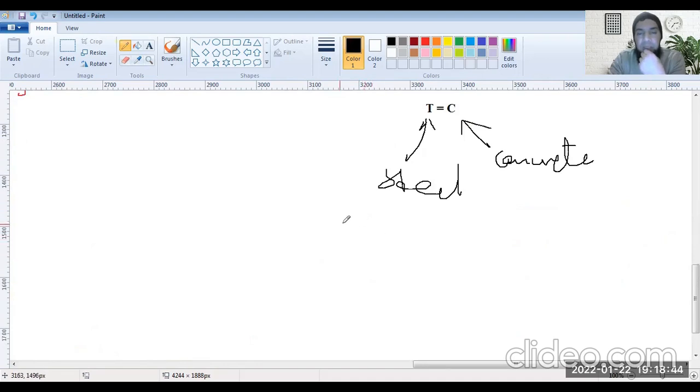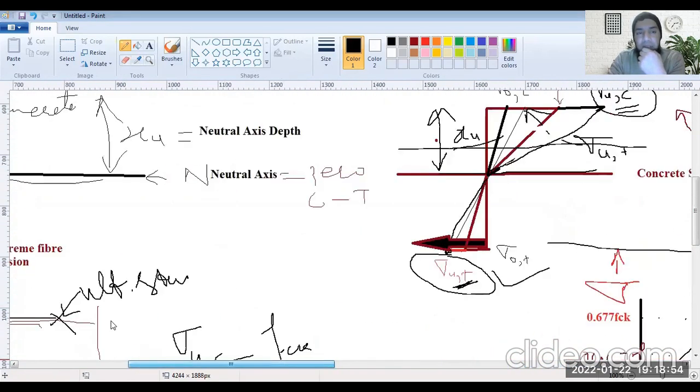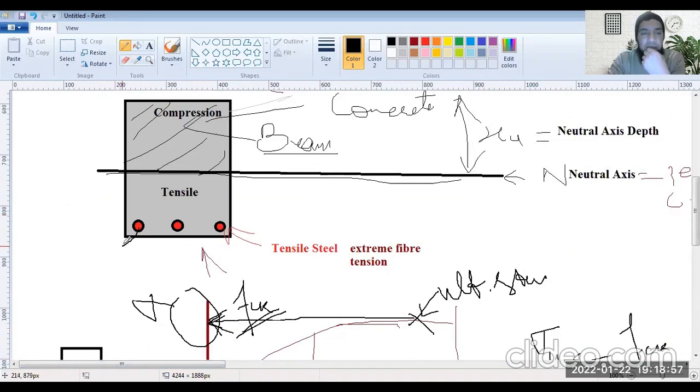Now if you have steel whose area of cross section is AST. What is AST? Area of cross section of steel bar. All these steel bars together on the tension side give the area of cross section AST.